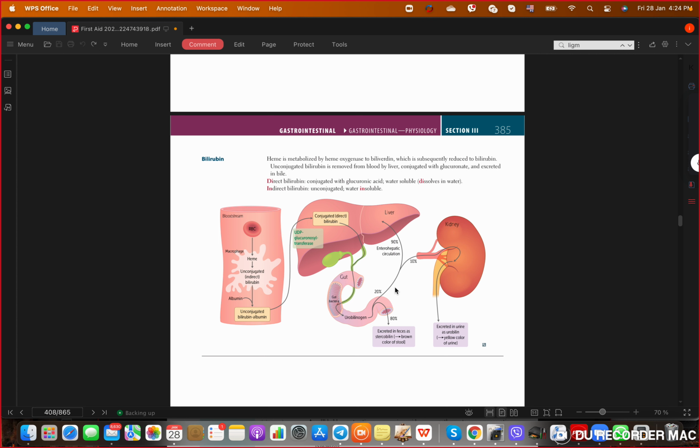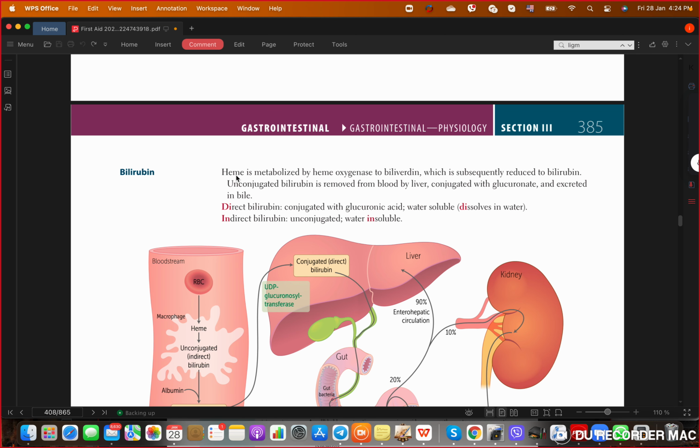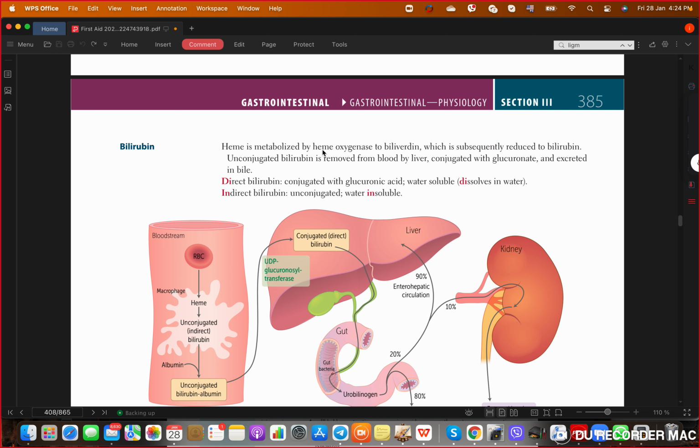Unconjugated, or indirect. Same thing, right? So heme is metabolized by heme oxygenase to biliverdin, which is subsequently reduced into bilirubin. Unconjugated bilirubin is removed from the body by the liver. How? Remember something called the cytochrome P450?